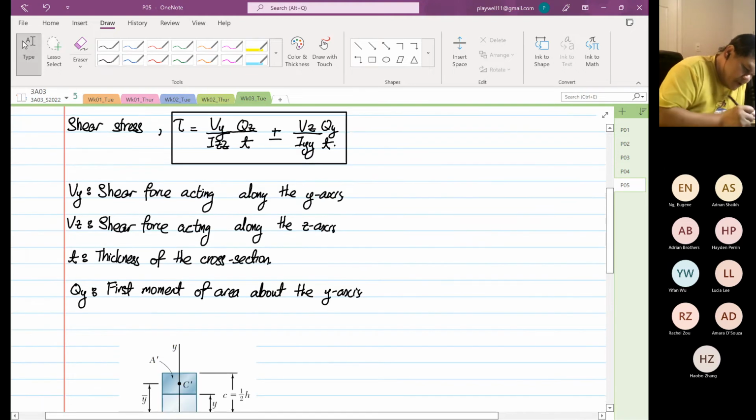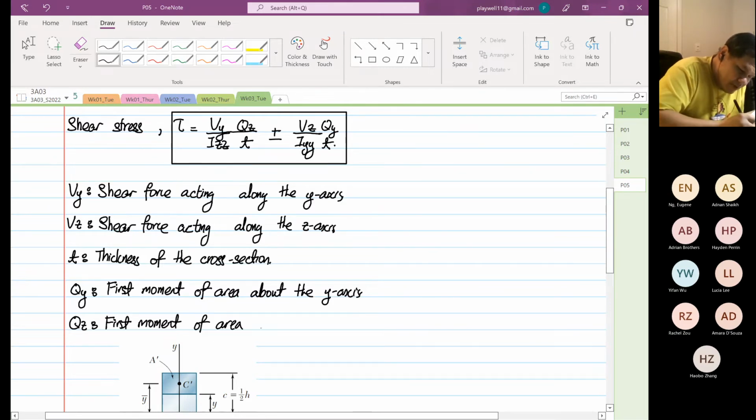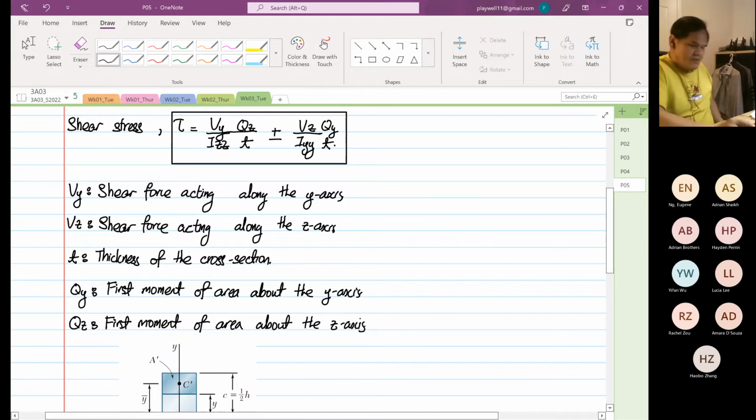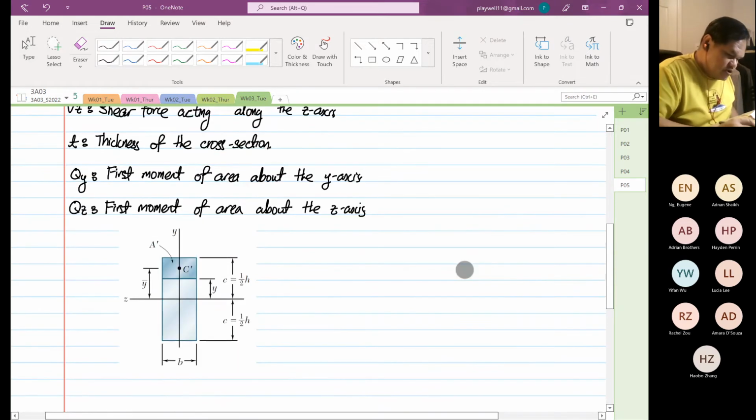And Qz is the first moment of area about the z-axis. Now let's get this straight first.